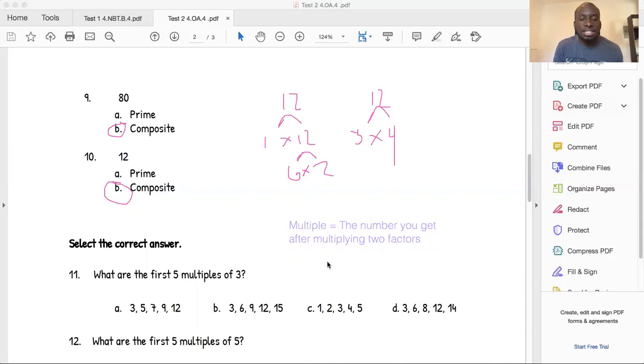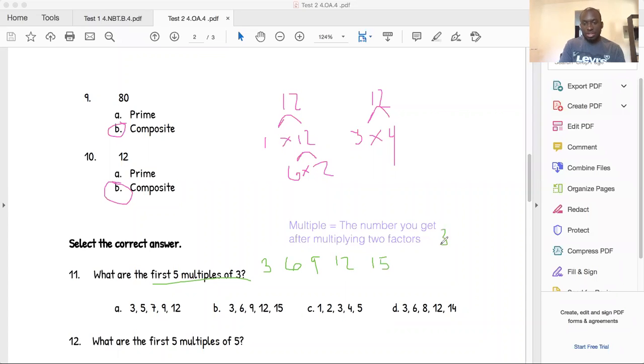So for instance, I want to know the first 5 multiples of 3. So 3 times 1 is 3. 3 times 2 is 6. 3 times 3 is 9. 3 times 4 is 12. 3 times 5 is 15.